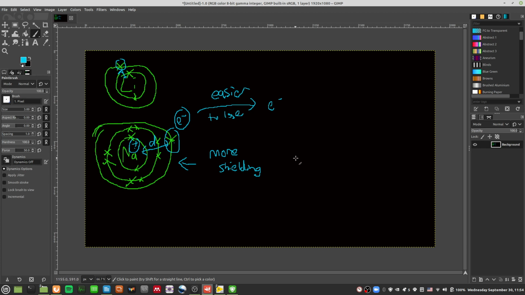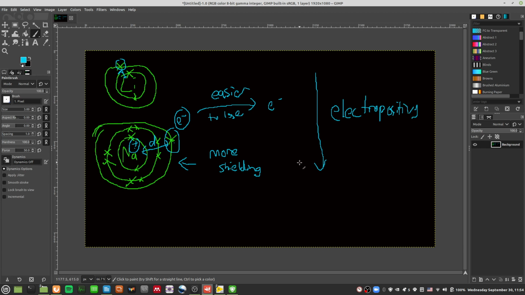So we call this effect electropositivity. It's just the opposite of electronegativity, because electropositivity is how badly you want to lose your electrons. So these are some of the terms we use.